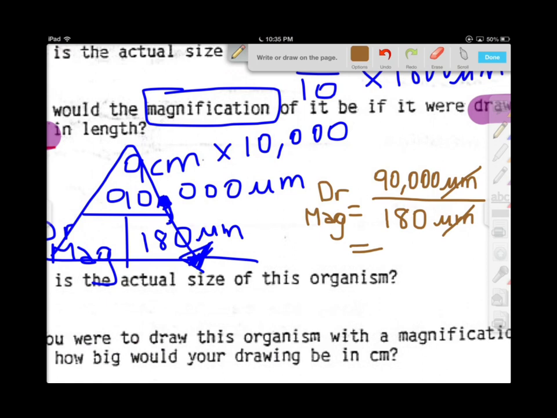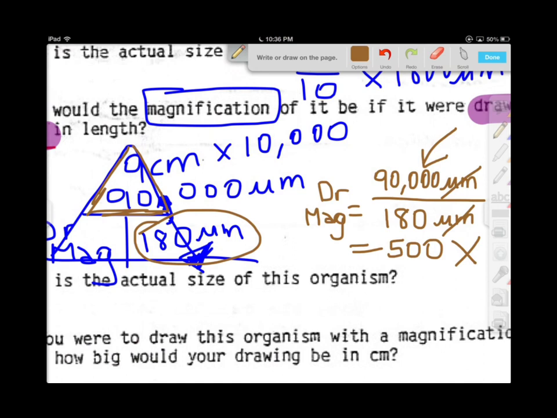What we have is 500 times. In other words, the top, your drawing is 5 right here. Your drawing is 500 times bigger than the actual critter was. 90,000 is 500 times greater than the real size of 180 micrometers.